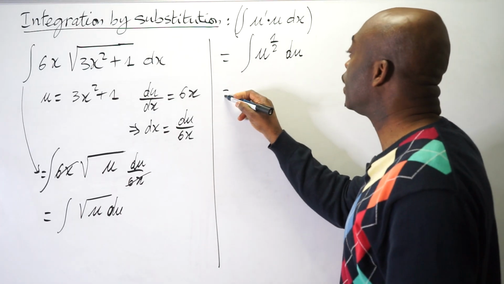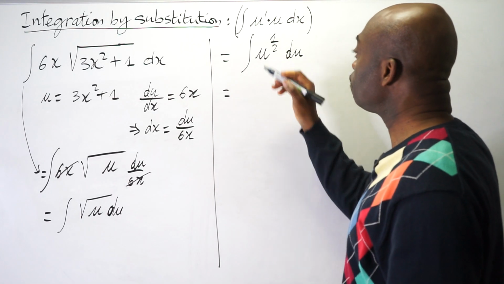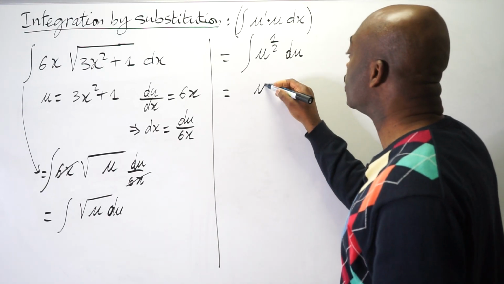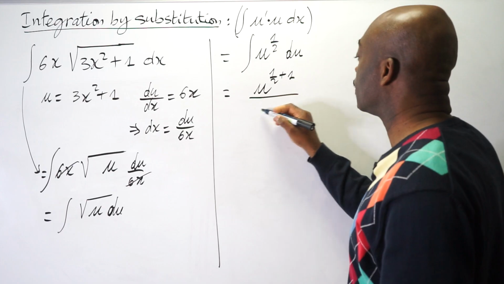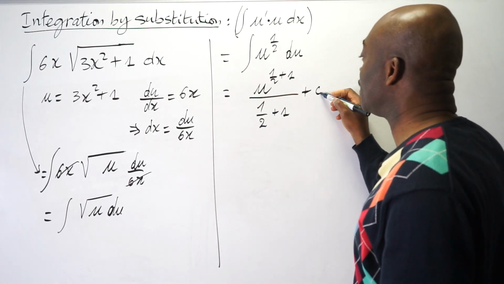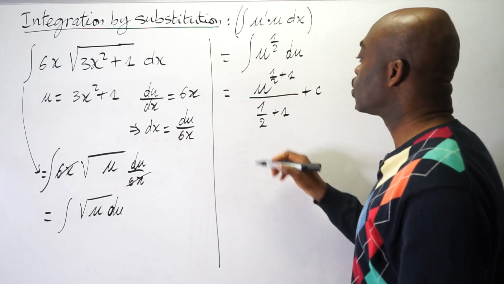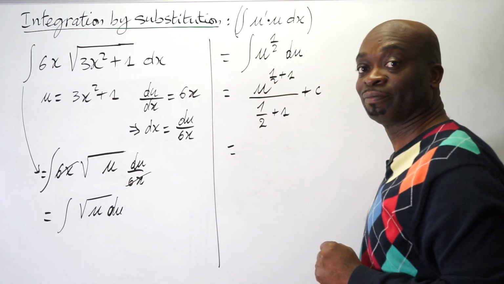Okay? Then we go here. This is equal to what? So the integral of this one is u to the 1 over 2 plus 1, over 1 over 2 plus 1. And then we add c to it, because we're dealing with an indefinite integral. We're good?